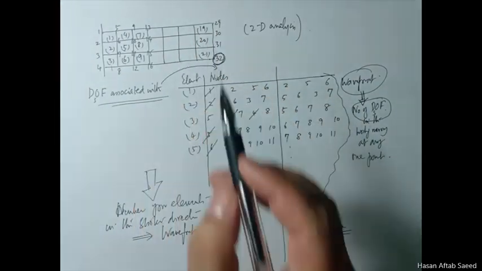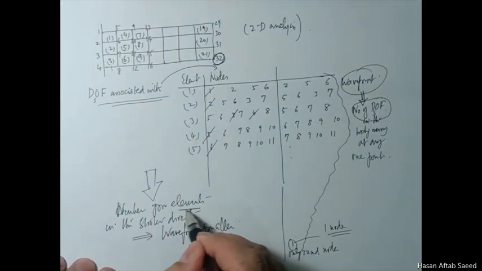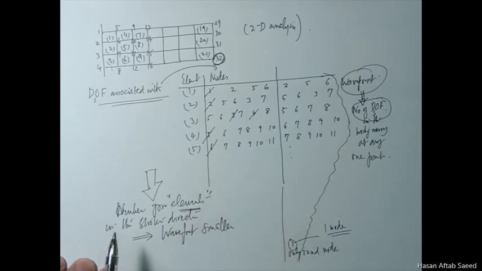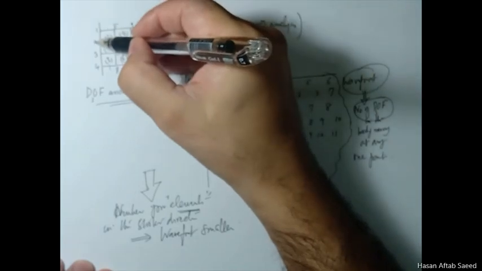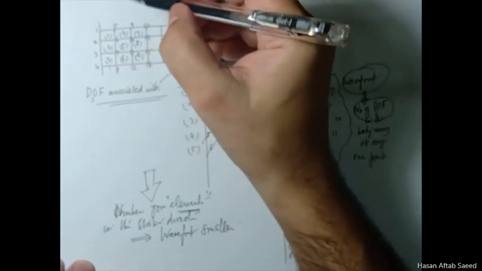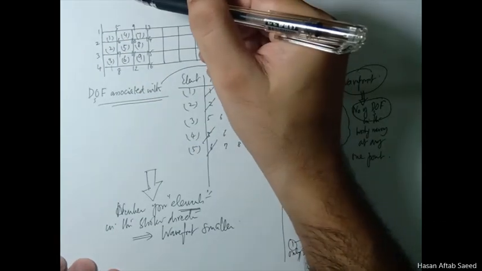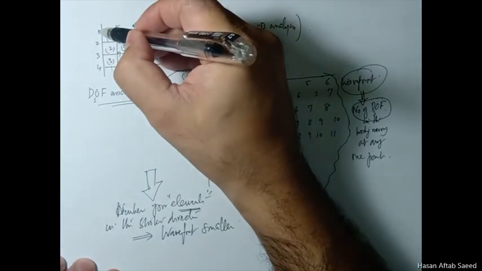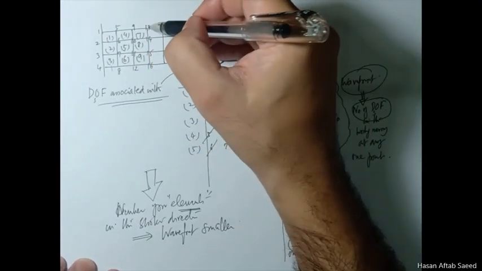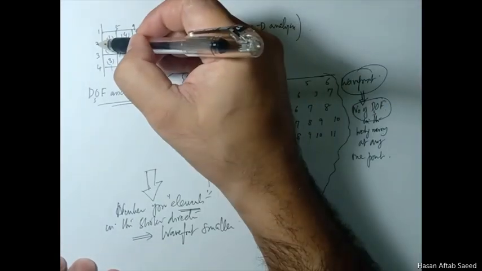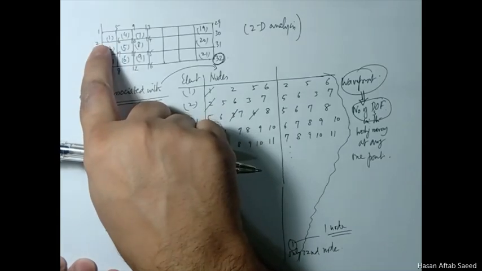Now what about the node numbering? This is your element numbering. What about node numbering? Does it matter if this node was numbered, for example, if it was numbered not 2 but some other number? For example, if we had numbered in the longer direction 1 2 3 4 5 6 7 8 9, let's call it 9. If it was 9, does it matter?